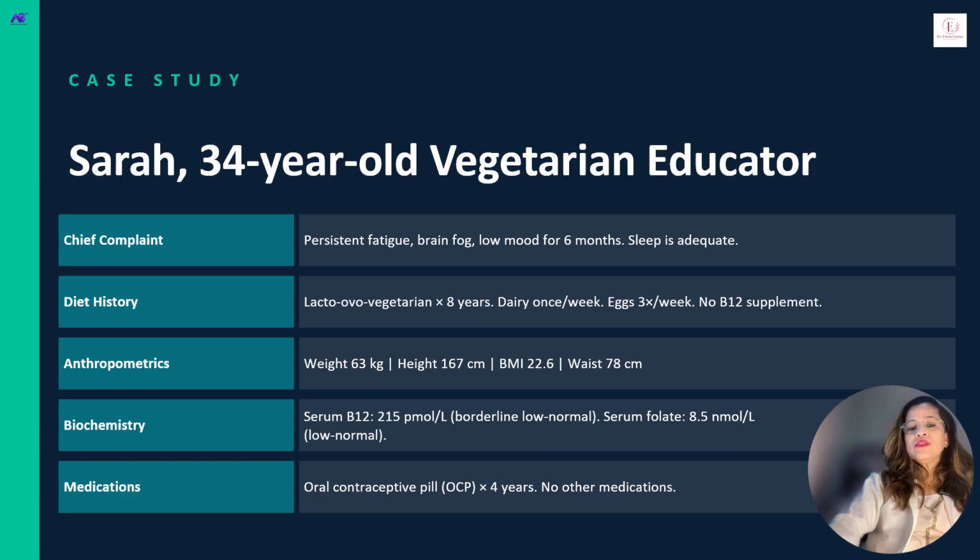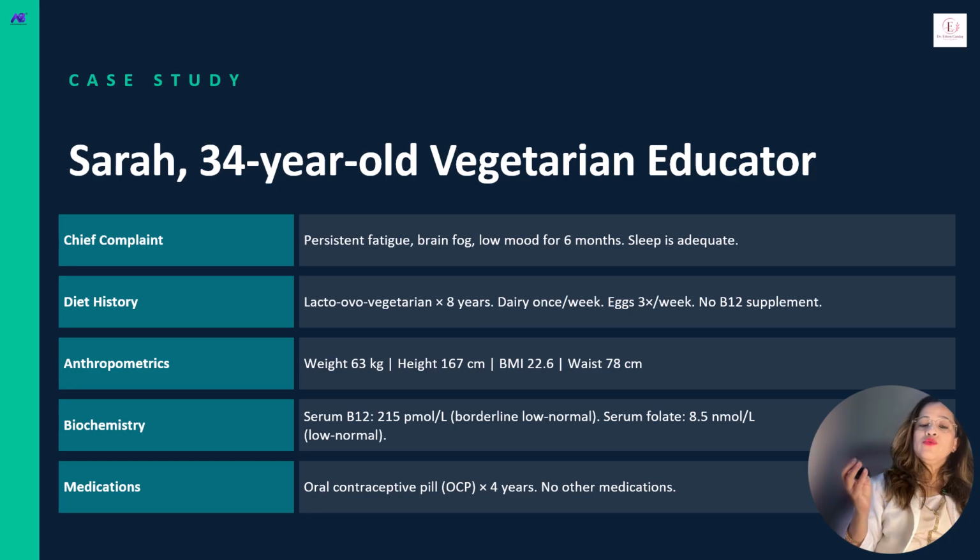Now, this is when you look at B12, which is a poor functional marker. It measures total B12, including inactive analogs, and functional deficiencies can occur even at a normal serum level. Her symptoms, fatigue, brain fog, and low mood, are classic B12 and folic acid deficiency symptoms.